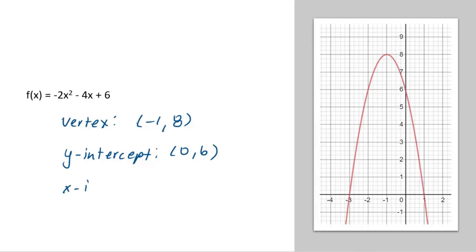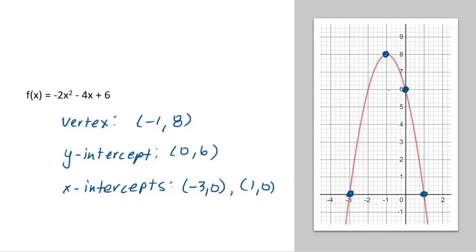And the two x-intercepts, these are real values, and in fact they were rational values, and these were negative 3, 0, and 1, 0. So we plot the vertex at negative 1, 8, up here. The y-intercept, 0, 6, is this point. The x-intercepts are negative 3, 0, and 1, 0.